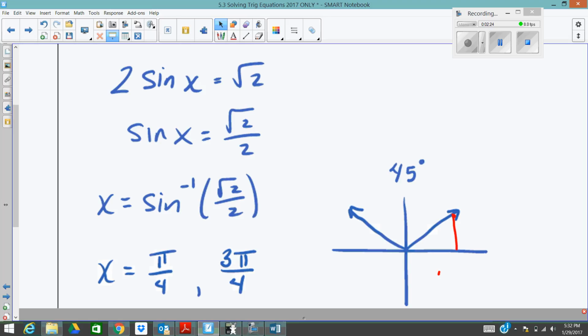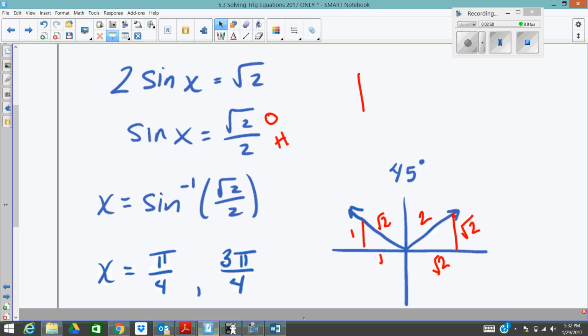Sine is opposite over hypotenuse, so we have opposite square root of 2, hypotenuse is 2, which is our 45, 45, 90 right triangle, because this is the same exact triangle as 1, 1, square root 2.